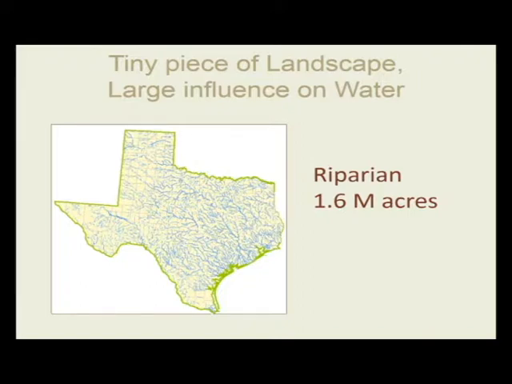Management decisions that directly influence riparian health are extremely influential in this regard. Based on the 1% estimate, there may be about 1.6 million acres of riparian land in Texas, a size you could really wrap your mind around, making riparian areas a good place to focus limited resources to produce water-related benefits.